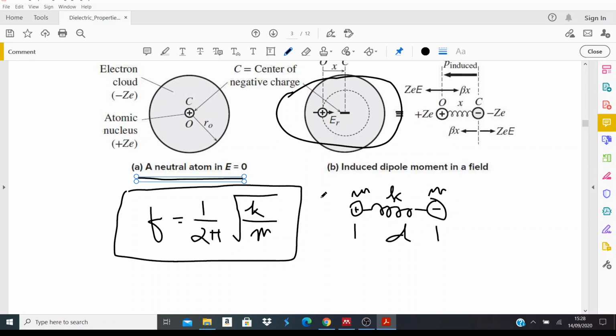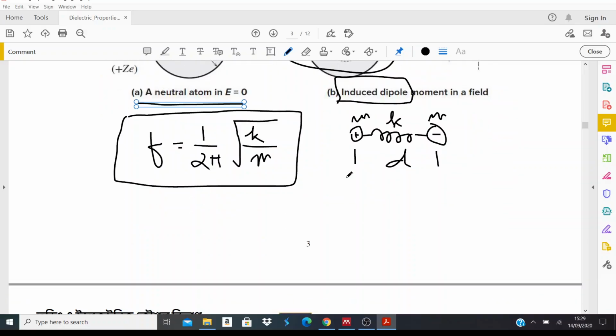Okay, but the key point is that the electric field penetrates inside the insulator. The electric field exerts some forces on ions and atoms. It distorts and readjusts the charge distribution and forms a dipole, right? It's an induced dipole. That's the key word. Inside the insulator material, under the influence of electric field, dipoles are induced.